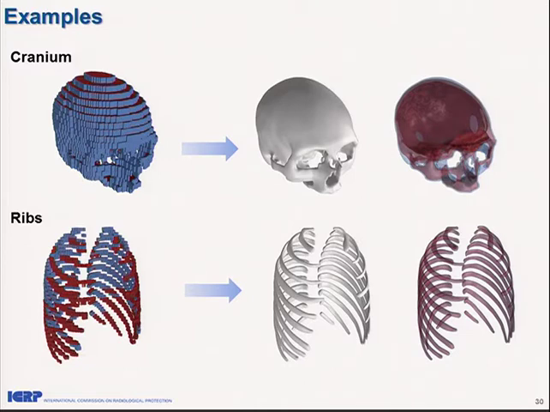It took some time. I think it took more than one month just for this cranium. But anyway, we used the same approach. In the case of the ribs, each of the ribs was converted and adjusted individually.